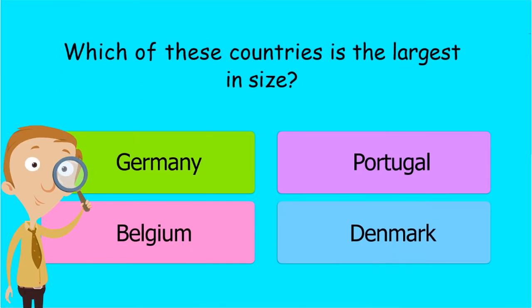Which of these countries is largest in size? Germany, Portugal, Belgium, or Denmark? Pause the video and write down your answer. The answer is Germany. Give yourself a tick if you got it right, and let's move on to the next question.